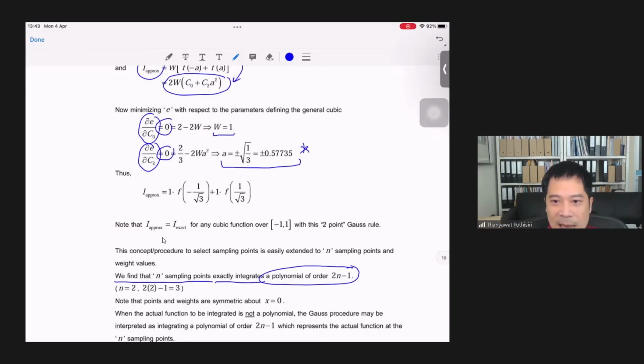Which in our example, we use 2 points, right? So 2 points can exactly integrate a polynomial of order 3, right? Now, if you use 3 sampling points, then the order of polynomials that you can exactly integrate would go up, and it would go up to 2 times 3 minus 1, which is equal to 5, okay?